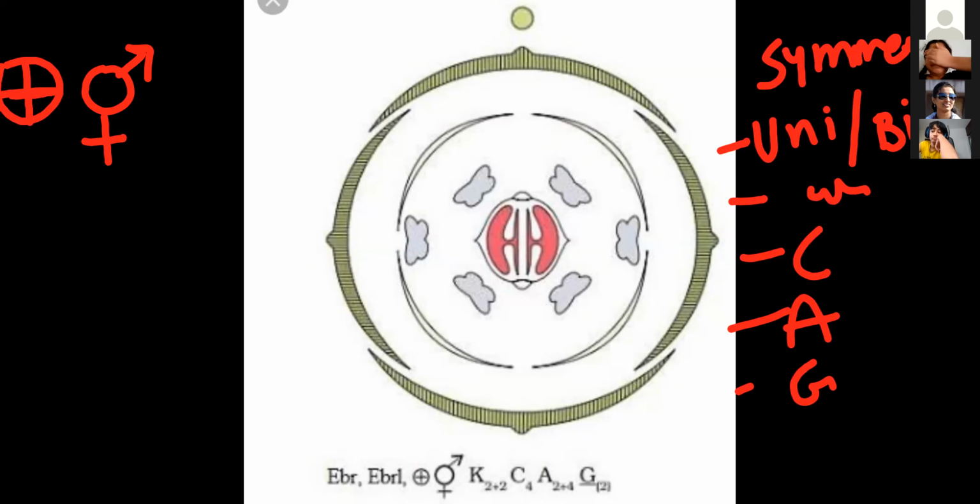Outermost whorl, which one? Calyx. In this calyx, how many sepals? Yes, C, capital C, that's correct. How many sepals? 4. Free or fused? Correct, they are free.